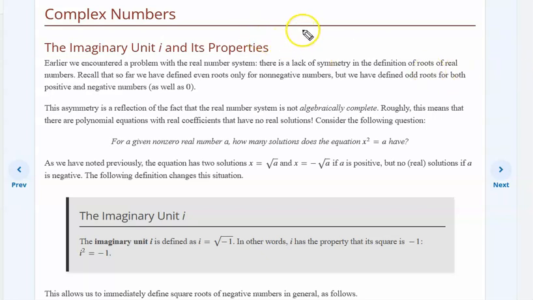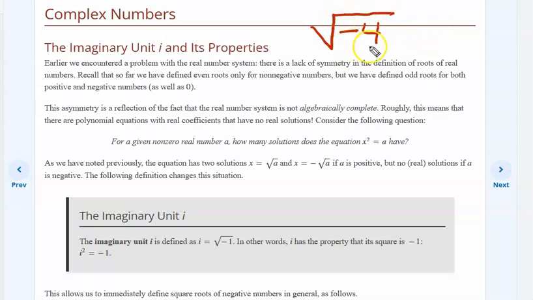Now, when mathematicians were working with things, they sometimes got something that looked like this: the square root of -4. Now, there are no two numbers that if you multiplied them together give you a negative. If you multiplied two negatives, that would give you a positive. If you multiplied two positives, that would give you a positive.